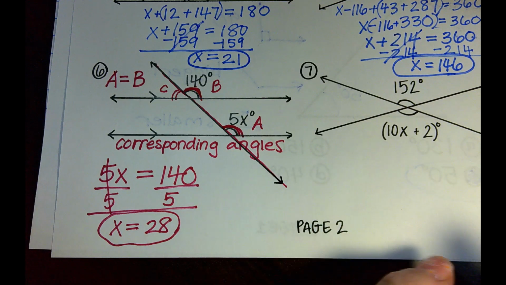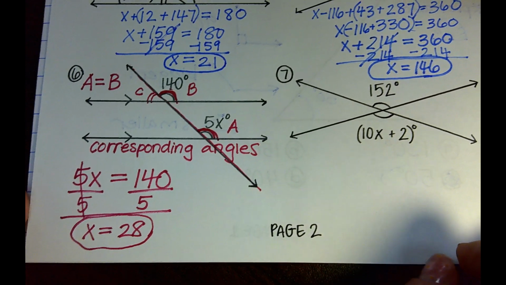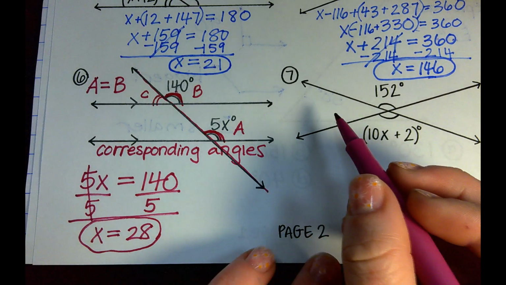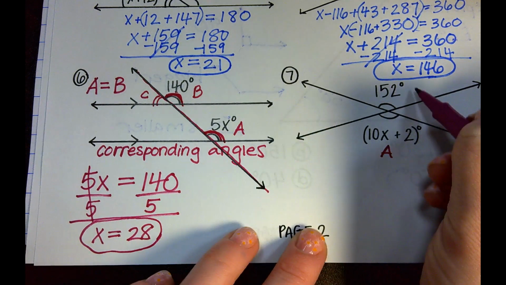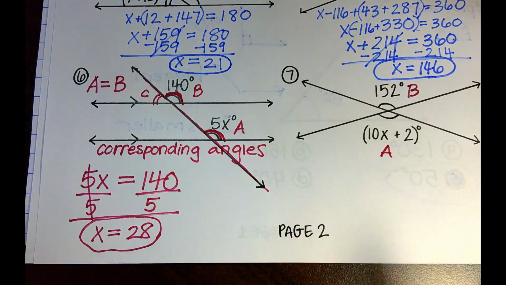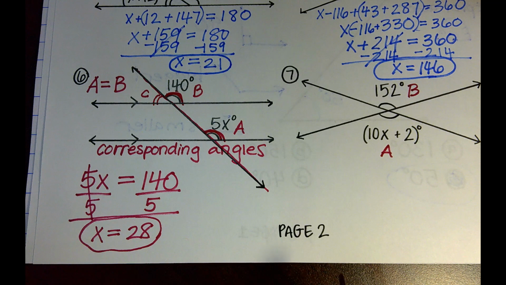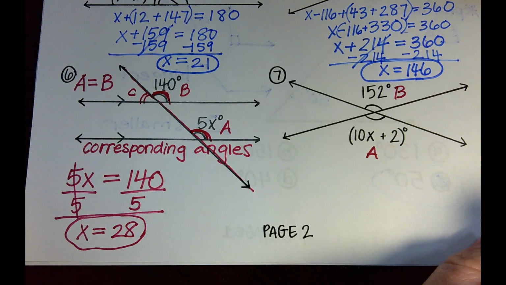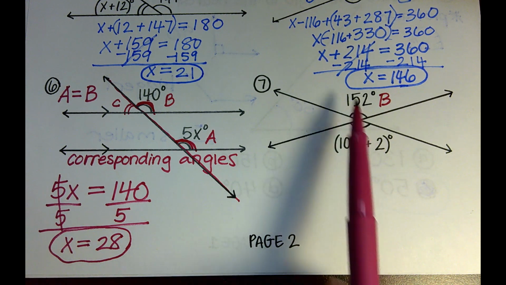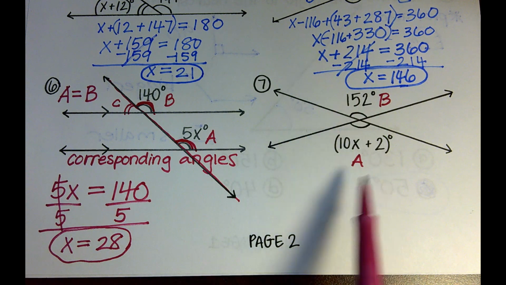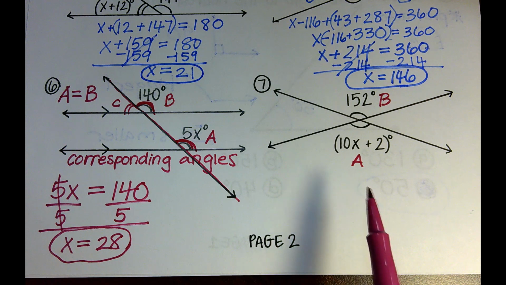Let's look at number 7 now. I'm gonna call my bottom angle with the x in it angle A, and my top one, 152, I'll call angle B. How are these angles related to each other? They are vertically opposite. These are vertical angles. So what do we know about vertical angles? They're the same, they're equal.